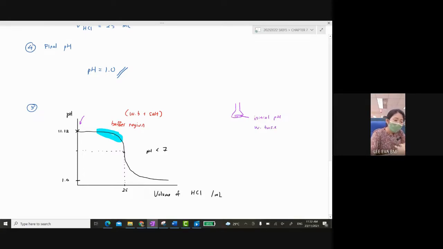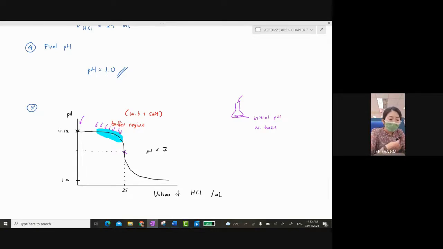So when you added the strong acid from time to time, the amount of strong acid added is limited. So whatever strong acid added before equivalence point will be completely neutralized by the base. So maksudnya semua HCl yang kita tambah sebelum equivalence point ini, dia akan hilang terus. Weak base dia akan neutralizekan dia.